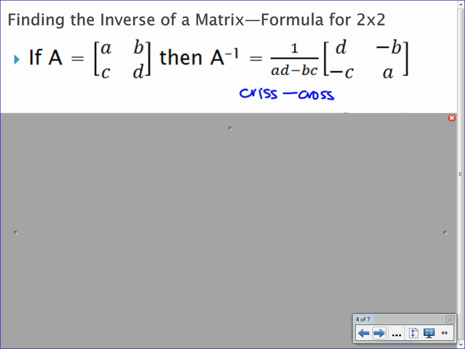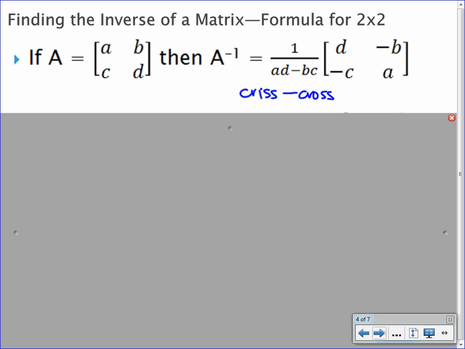If you want an easy way to remember it, I'm trying to help you. Then what do you notice about the numbers in here? They flip or negate. Along the Chris we switch. Along the cross we negate. So 1 over Chris minus cross, and then we switch and negate.